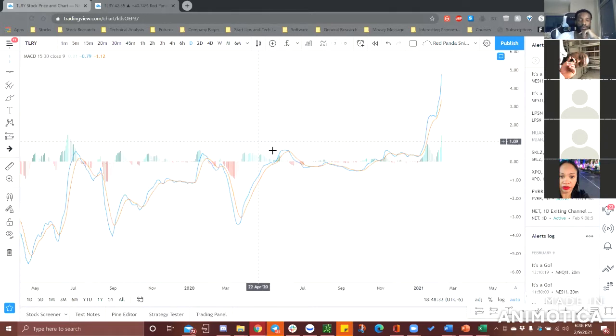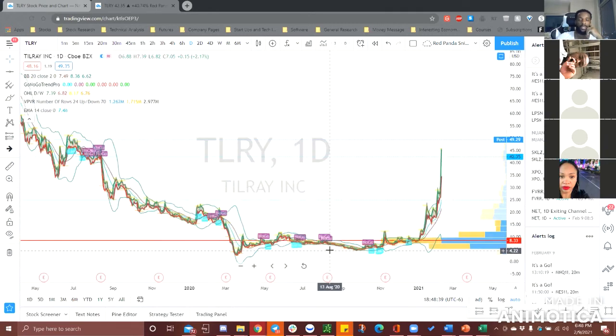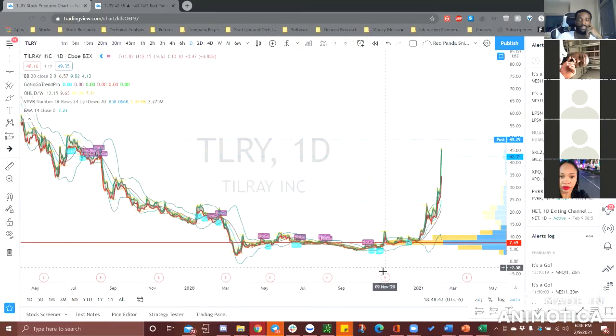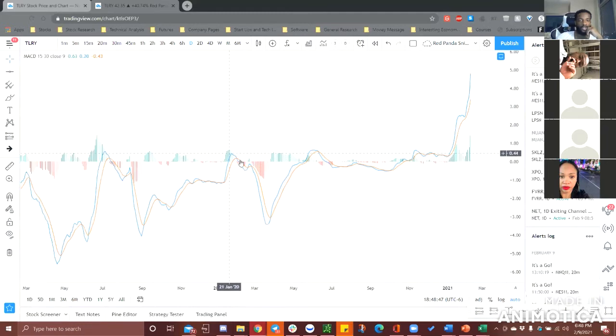Okay, this one. Yeah, like what are those? So it's like your fast line and your signal line. It's kind of the same principle for the stochastic. It just basically means that a trend is about to be confirmed. So for instance, when the blue is over the yellow, as we see here, price was dropping and then price started rallying.